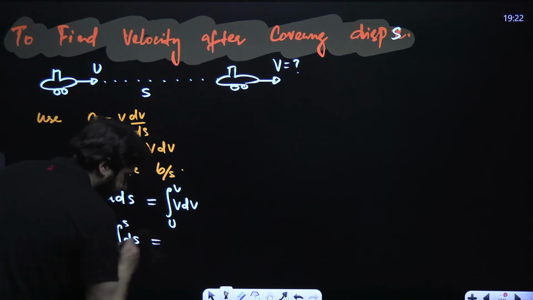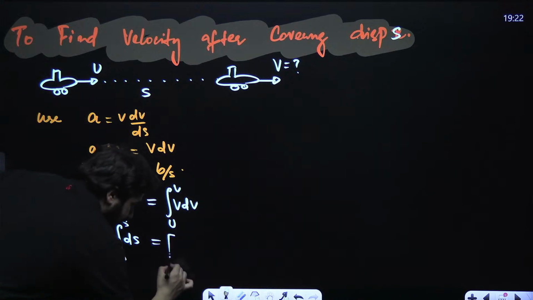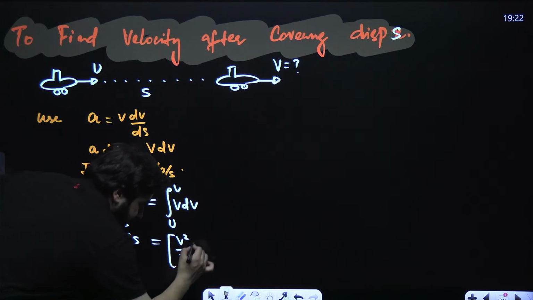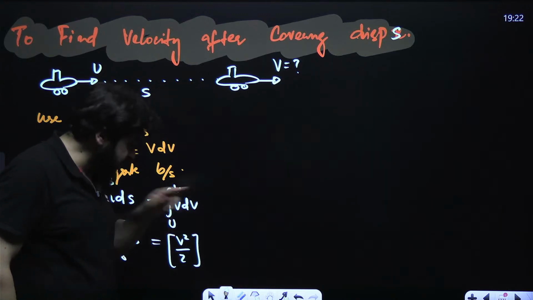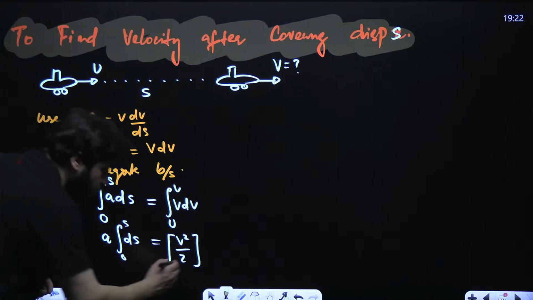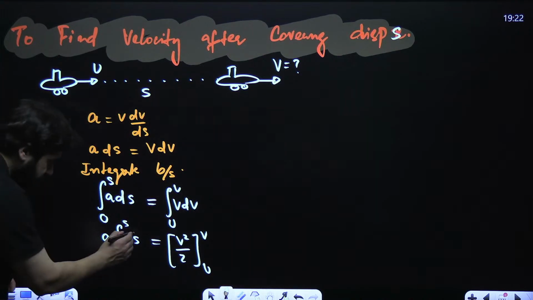And here I can write integration of V dV, so I'll write directly over here: this is V square divided by 2, because integration of V with respect to dV is V square by 2 from u to V. And here this and this will cancel.